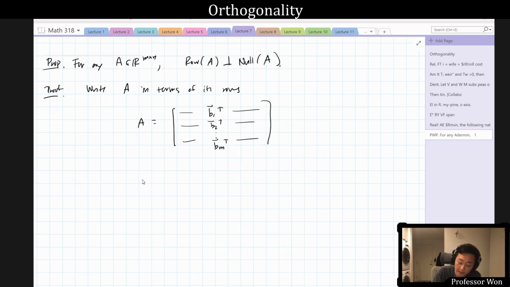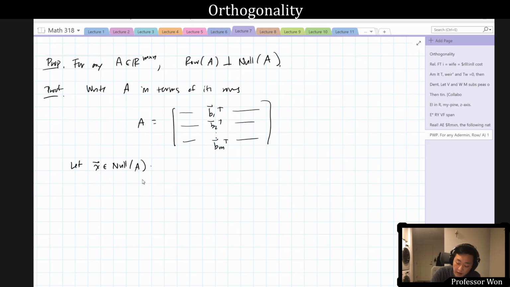Okay, so let X be in the null space of A. I need to show that X is orthogonal to every vector in the row space of A. First, I'm going to show that it's orthogonal to every single row. Note that there's more vectors in the row space of A than just the rows of A. It's the span of the rows of A. But first, I'm going to show it's orthogonal to every row.